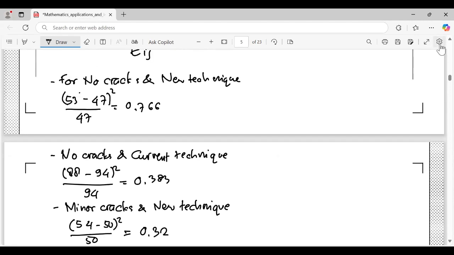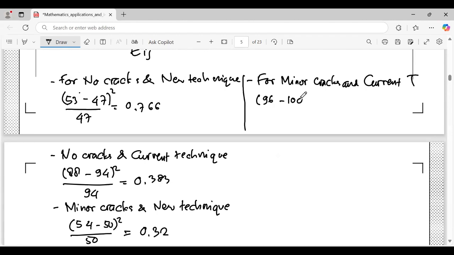Next, for minor cracks and current technique, 96 minus 100 squared divided by 100 is 0.16.